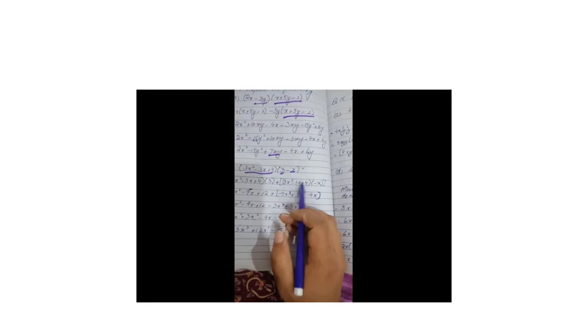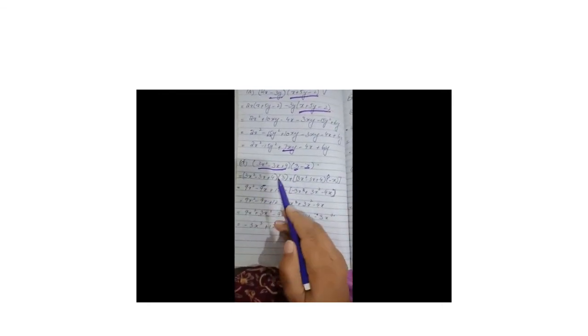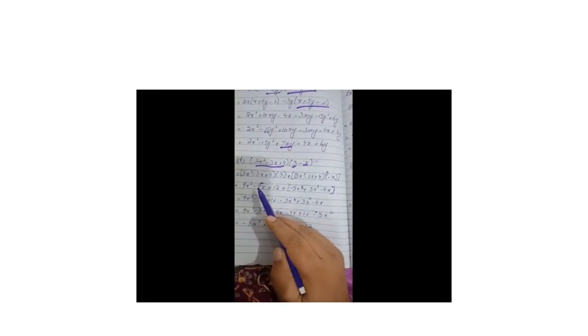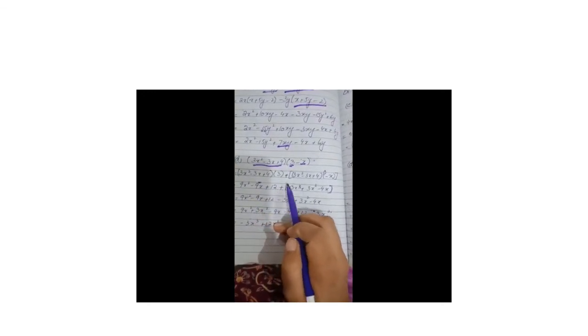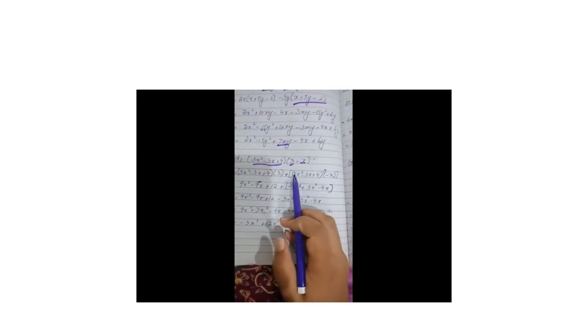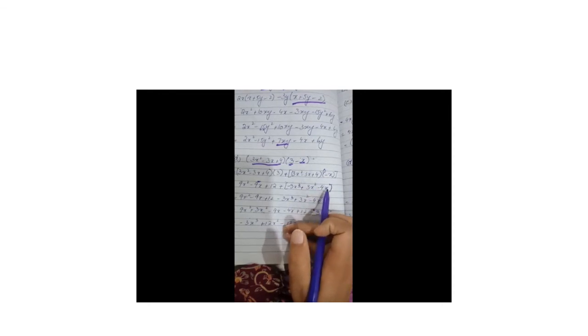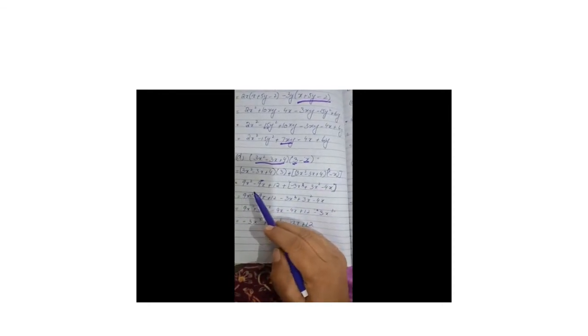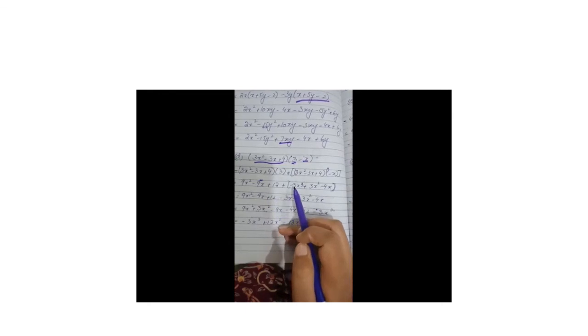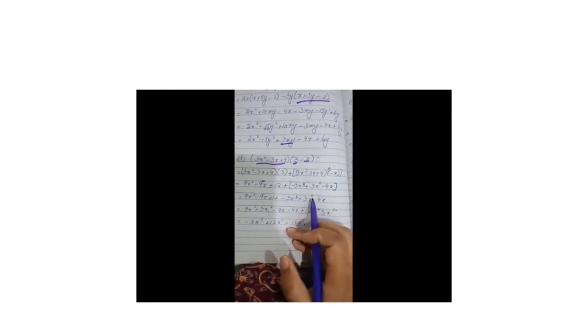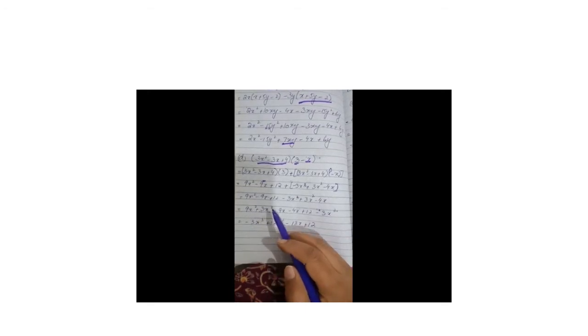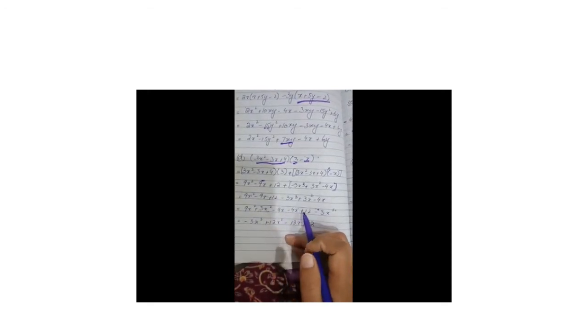3x square minus 3x plus 4, this term will multiply with minus x. So when 3 is multiplied with the inner term, 9x square minus 9x plus 12 plus square brackets, and this minus x will multiply with 3x square, it will become minus 3x cube plus 3x square minus 4x. 9x square minus 9x plus 12, we are opening the square bracket, minus 3x cube plus 3x square minus 4x, rearranging the like terms, 9x square plus 3x square minus 9x minus 4x plus 12 minus 3x cube.